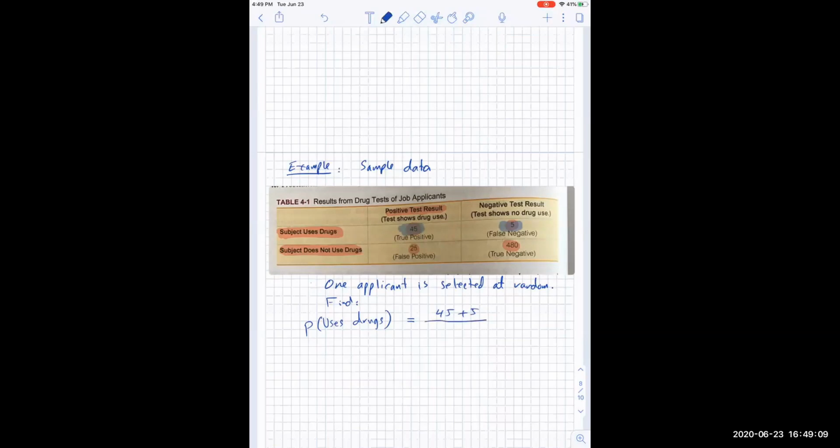How many applicant results do I have in this case? What is the total? So here I have 50 over 50 plus 25 plus 480. $555.